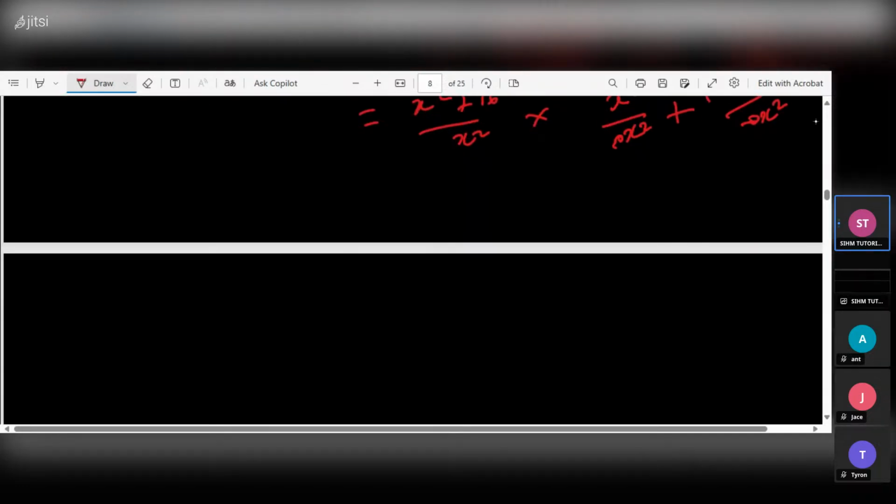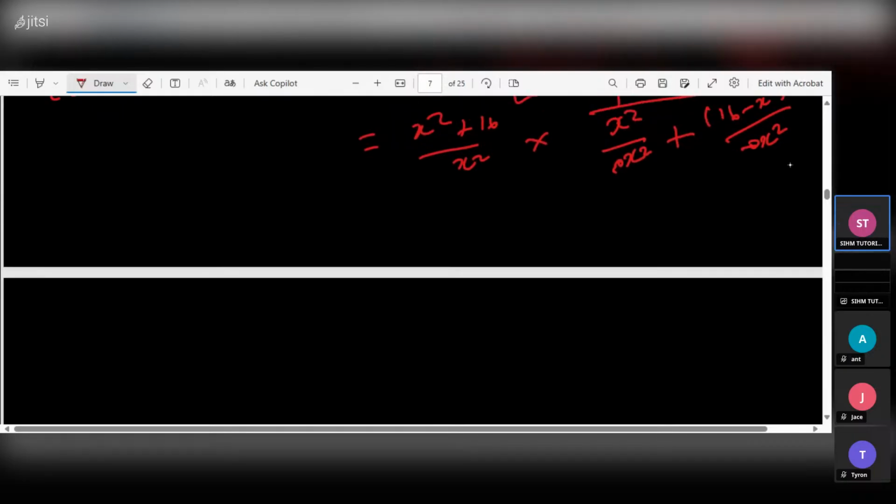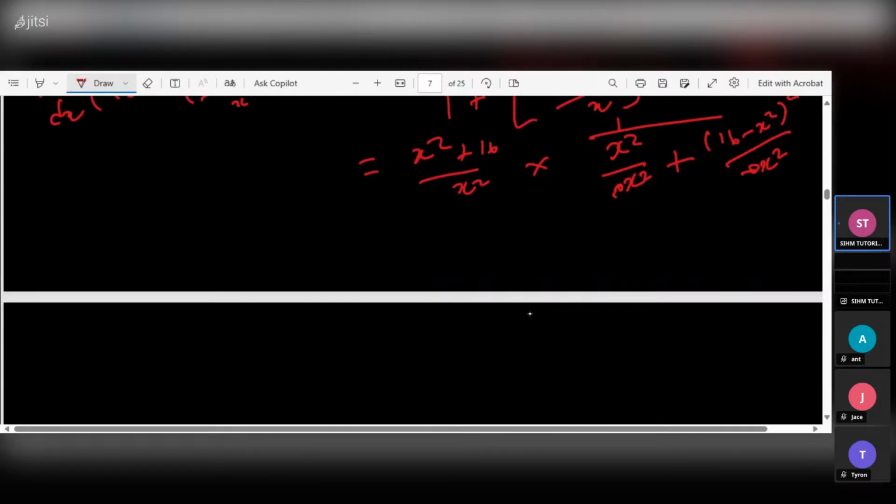I want you to see that this is the same as x squared plus 16 divided by x squared times 1 divided by, if you check, we are going to keep the same denominator of the bottom fractions. So x squared plus (16 minus x squared) all divided by x squared.